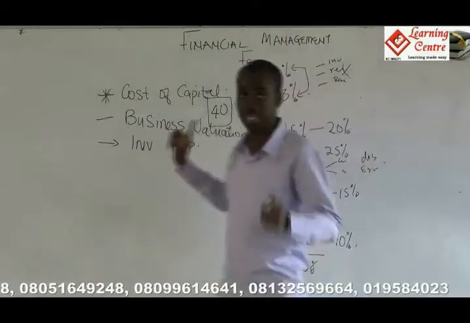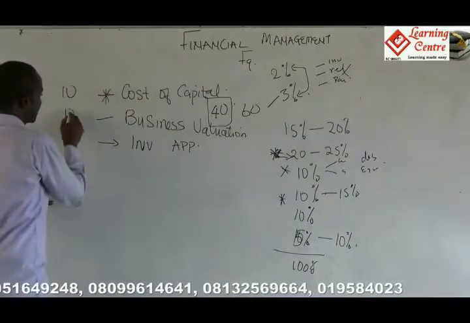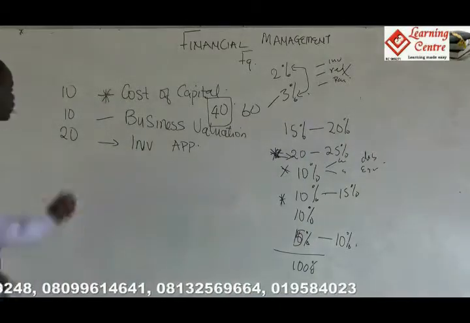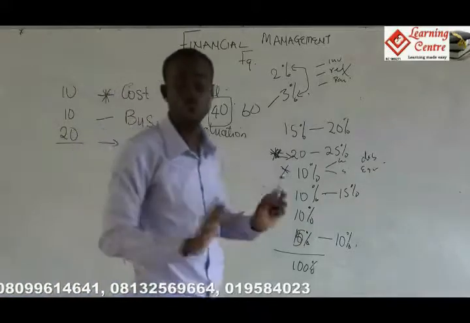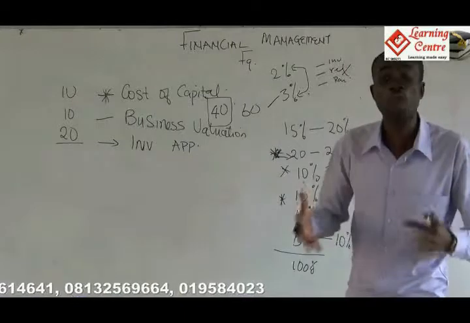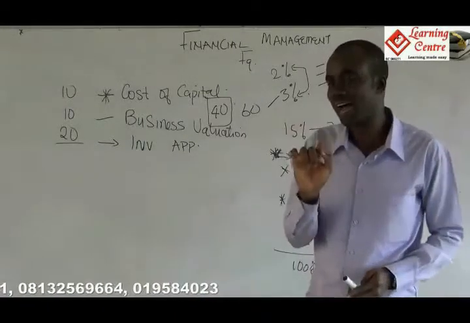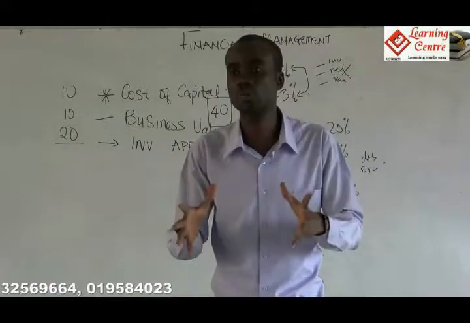Now help me. Don't forget, we have our 10%. We have our 10%, we have our 20%. Now, a good understanding of this gives you 40%. A good understanding of this automatically gives you 40% of what the examiner is expecting you to ask. Now, not forgetting the fact that the examiner is someone that is sound in this paper.